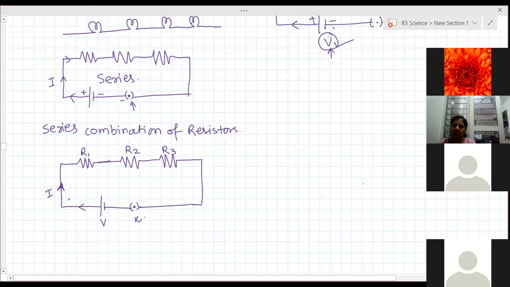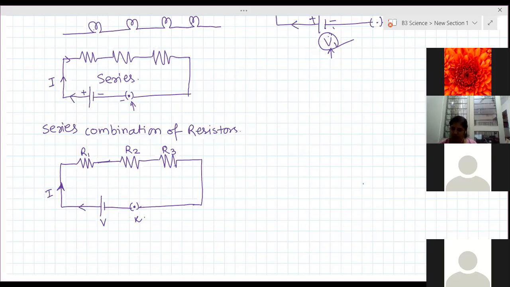Suppose a current of 1 ampere is drawn from the battery. Then the same 1 ampere will flow through R1, through R2 and through R3. So in a series combination of resistors, the value of current across each resistor remains the same.